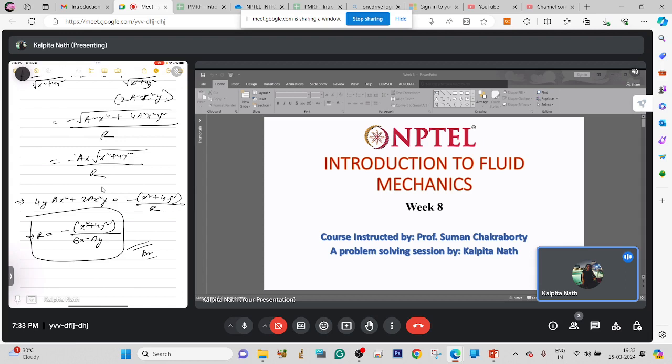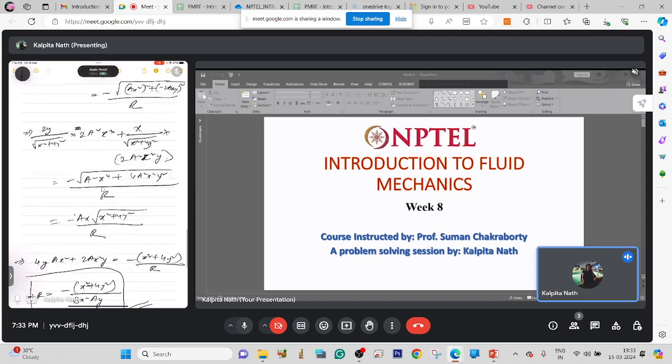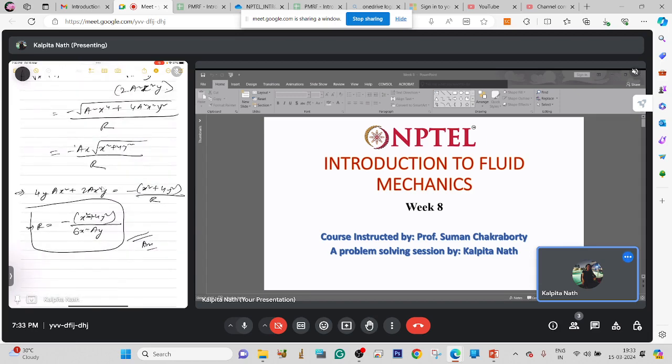So this is the radius of curvature for the given problem. Okay, you get an understanding of this. We'll take a break of 1 minute or 2 minutes.